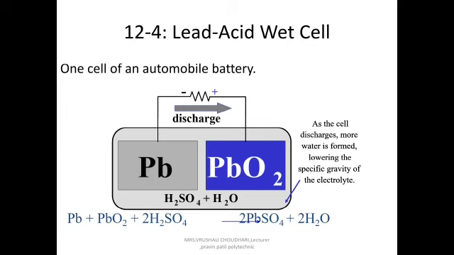Electrolyte is 20% dilute H2SO4 having a specific gravity of 1.15 at 25 degrees Celsius. When the cell is completely charged, gravity is 1.15 and concentration is 20% H2SO4.